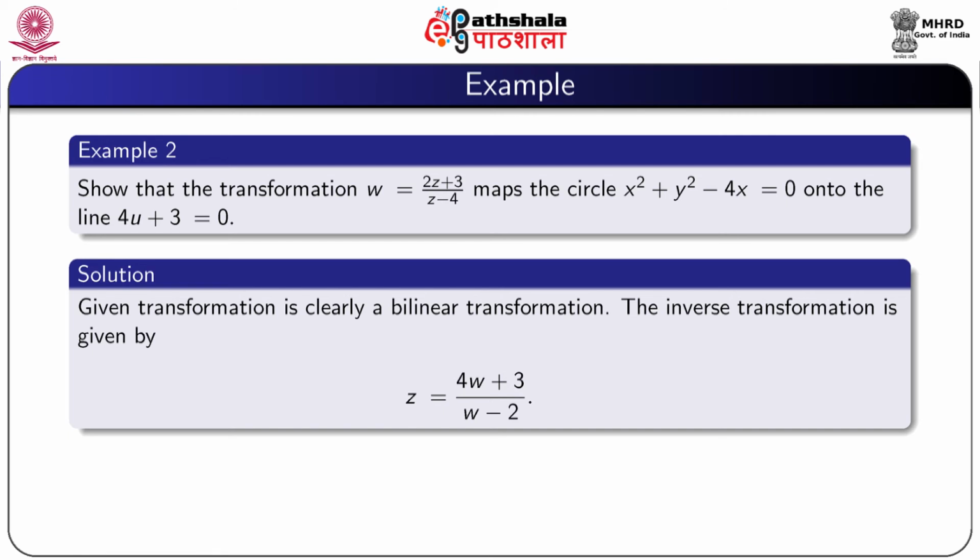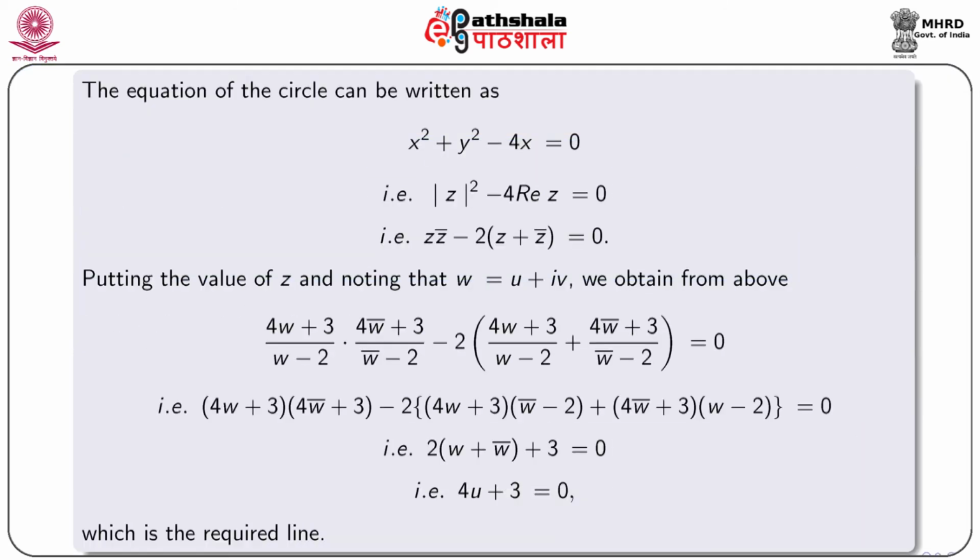The inverse transformation is obtained as z equal to (4w plus 3) by (w minus 2). Now, the equation of the circle can be written as x square plus y square minus 4x equal to 0, that is mod z square minus 4 into real part of z equal to 0, that is we can write z z bar minus 2 (z plus z bar) equal to 0.